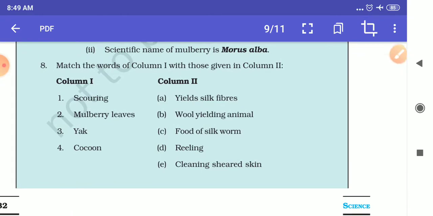The next question is, there are two columns given and you have to match those two columns with the appropriate answer. Match the words of column 1 with those given in column 2. The first is scoring. What do you mean by scoring? It is cleaning sheared skin.